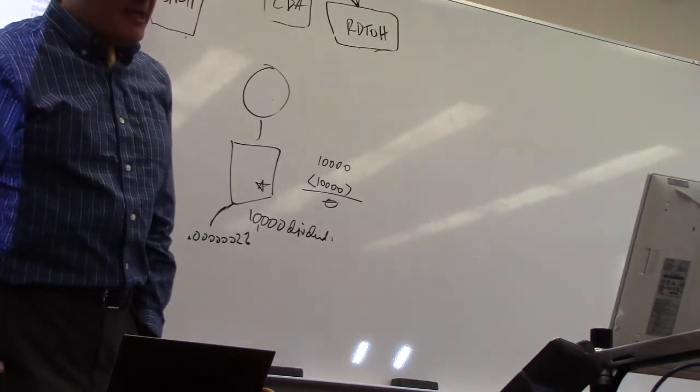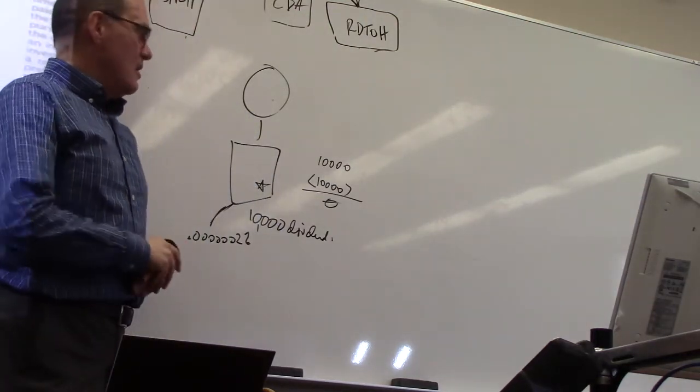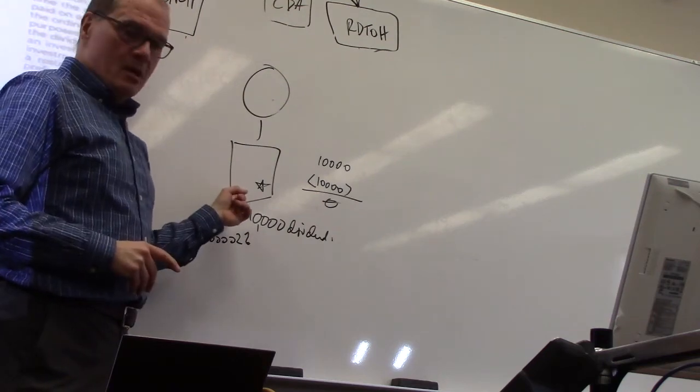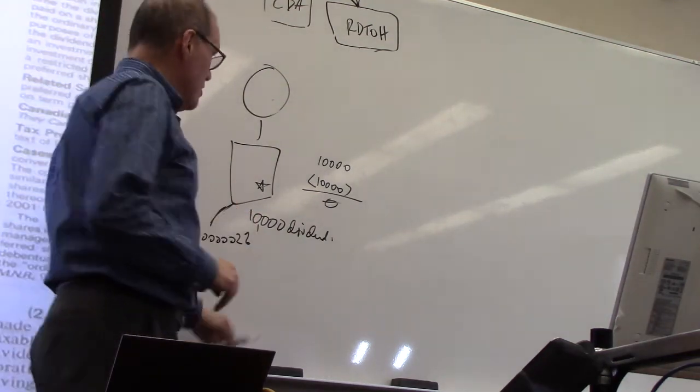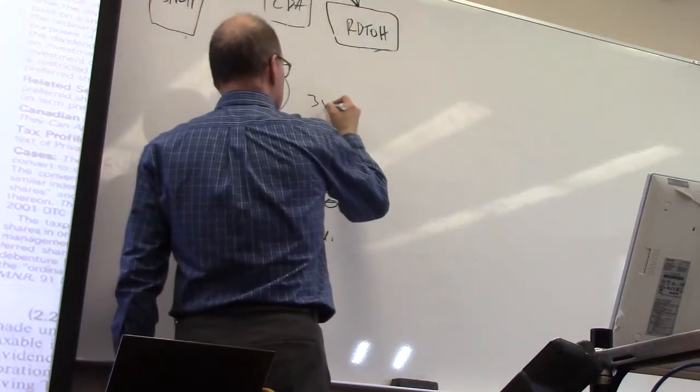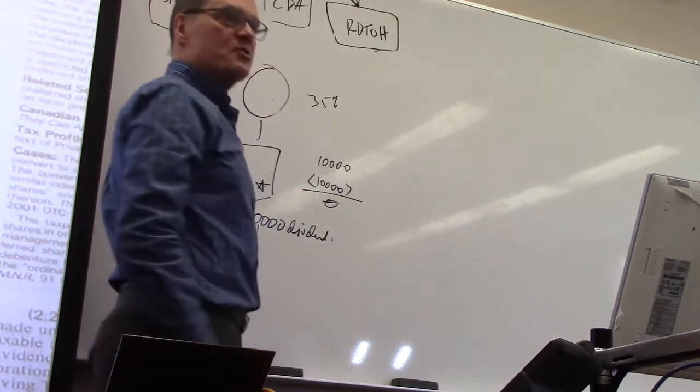Income Tax Act says, well, that's not acceptable. You, Dan, would have paid 35% personal tax, federal and provincial combined.